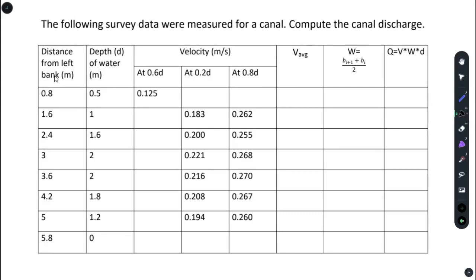This would be our second problem on the measurement of stream flow. The first was the moving boat method, and this method is the area velocity method.